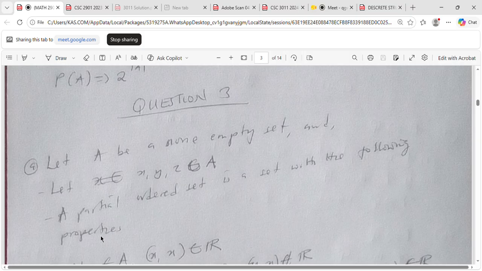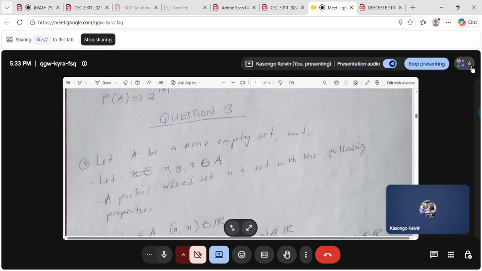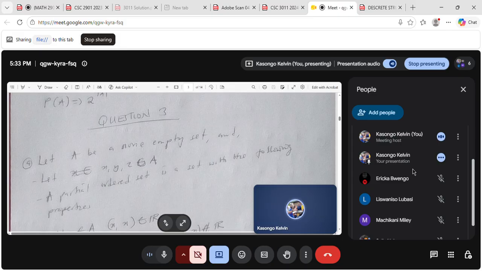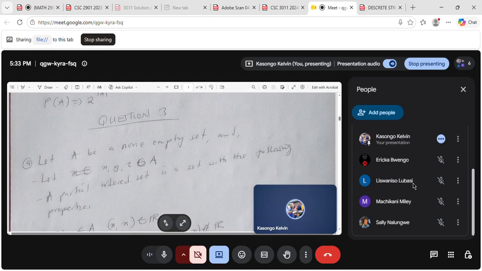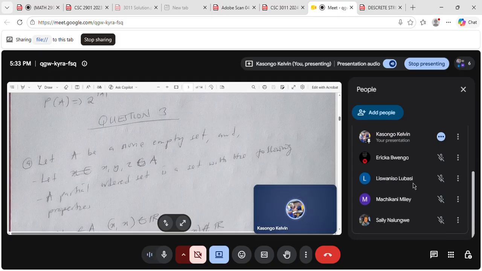Number 1, I think on that one we can discuss. What are the three characteristics of a partially ordered set? Who still remembers those initials, the PE? Erica, do you remember PE? Lisi, Millie, Sally, do we remember the PE?